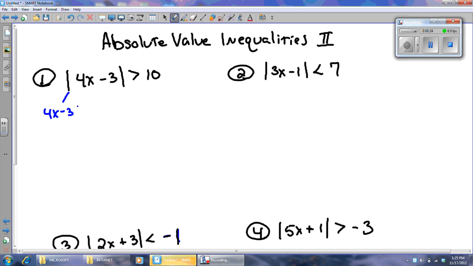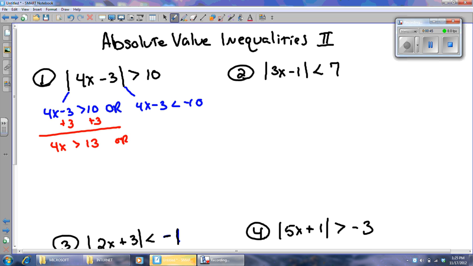4x minus 3 greater than 10, or, because it's a greater-than, it's an or, and then I get 4x minus 3 less than negative 10. So now I add 3 to both sides, and I get 4x greater than 13, or, okay, and I get 4x less than negative 7.